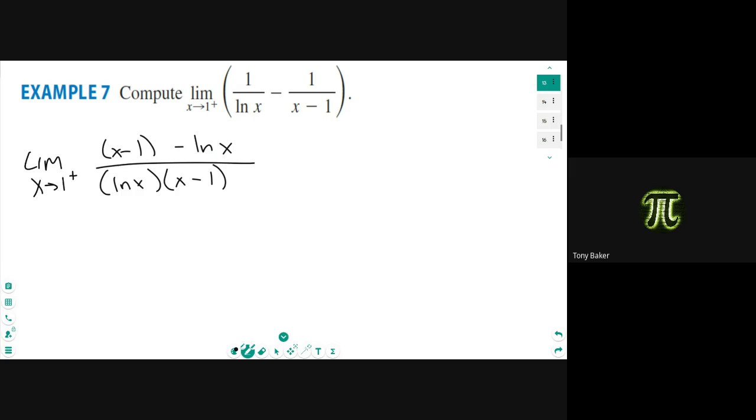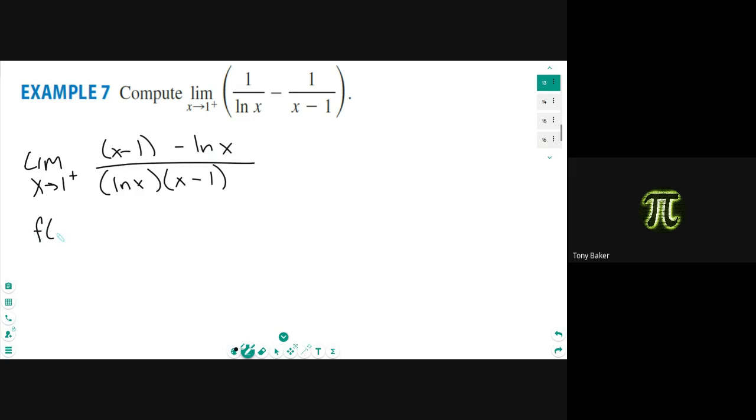So if I plug 1 into this, I'm going to get 0 minus 0 over 0 times 0. So I get 0 over 0. Okay. So again, every time you make a change, try it. Because sometimes that change is going to fix the problem for you. In the first one, I got 1 over 0 minus 1 over 0, so I got infinity minus infinity. This one, I'm getting 0 over 0, still indeterminate form. Now I get to do L'Hopital's rule.